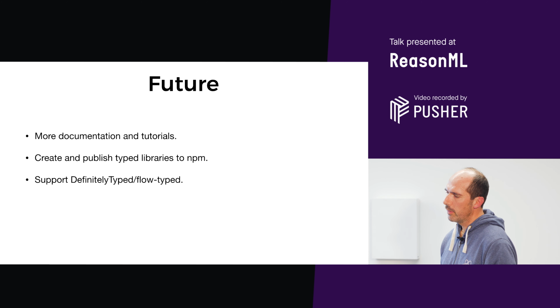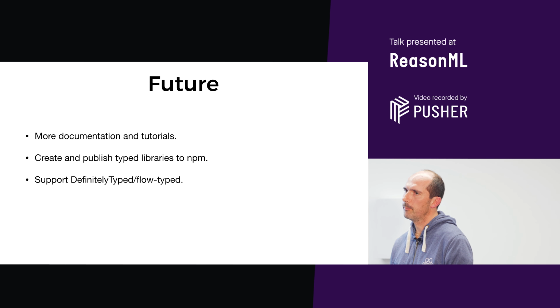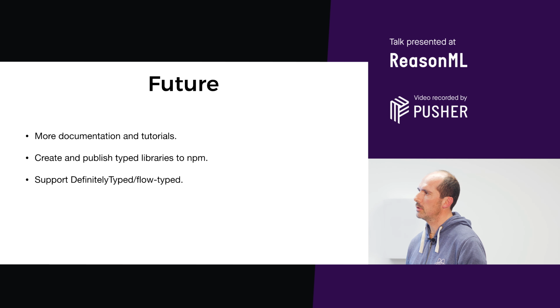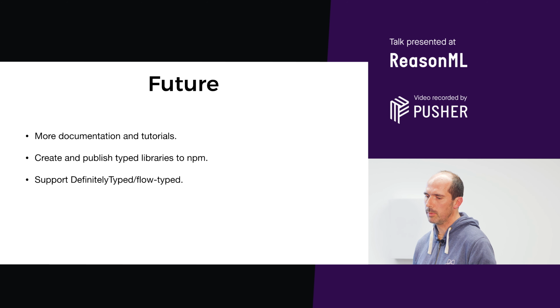One thing that I'm quite interested in, now that you can get the languages to talk to one another, is how you publish libraries which are typed and can be consumed in a typed way from Flow and from TypeScript. That's an interesting direction that we plan to work on. One possibility is to support DefinitelyTyped and FlowTyped.